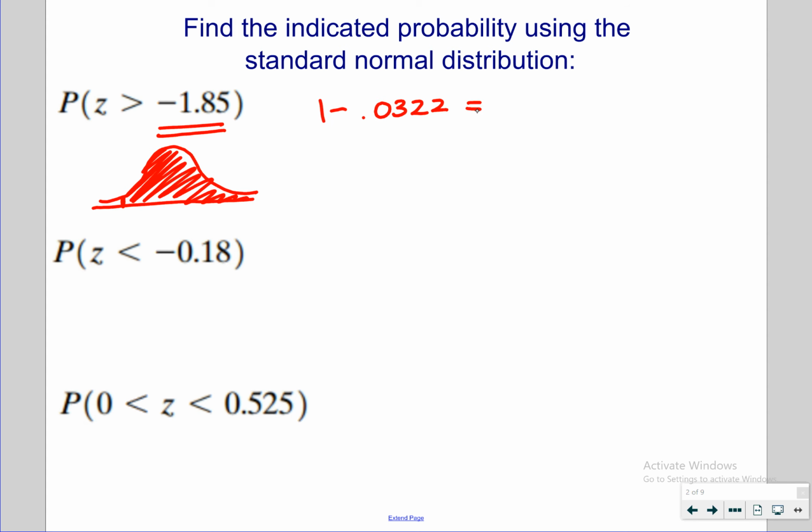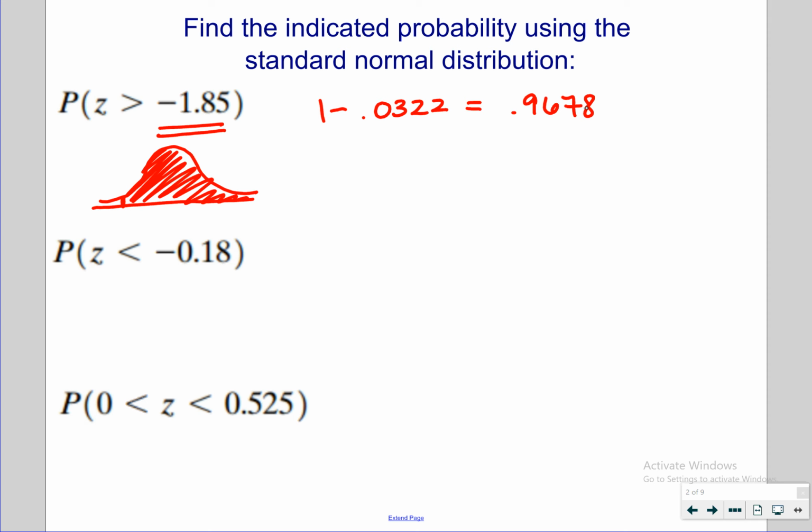And then you're going to see you'll get an area that makes sense with that sketch we made there. It's going to be most of my curve. It's going to be pretty close to 1. So 1 minus 0.0322 gives me 0.9678. So if I had a data value that represented a z-score of negative 1.85, the probability that I would have that data value or something greater than it would be approximately 97%, so pretty likely.